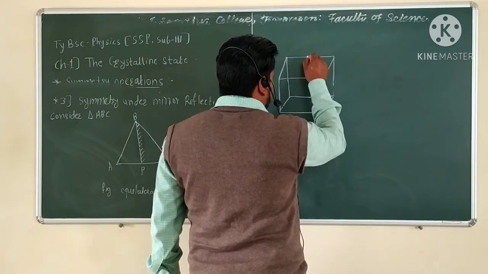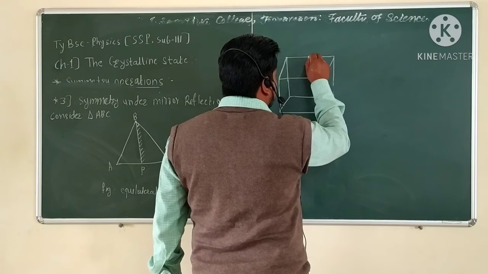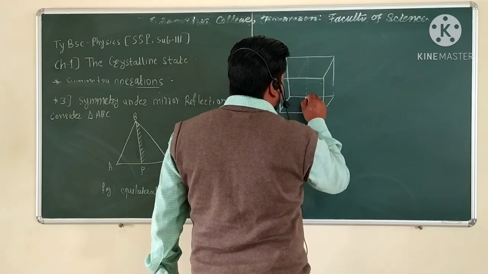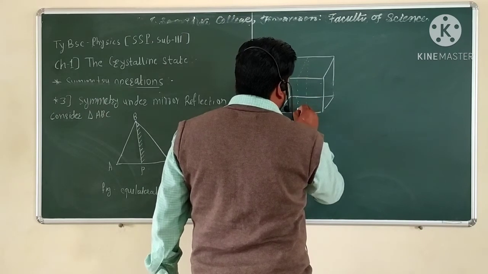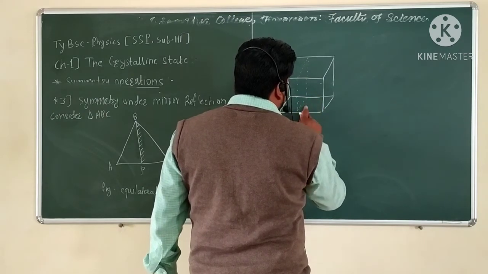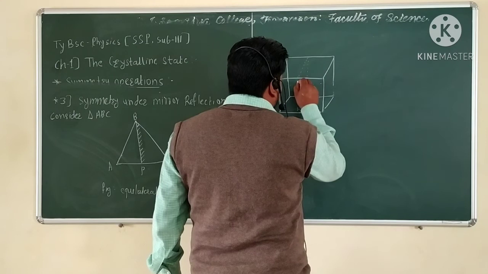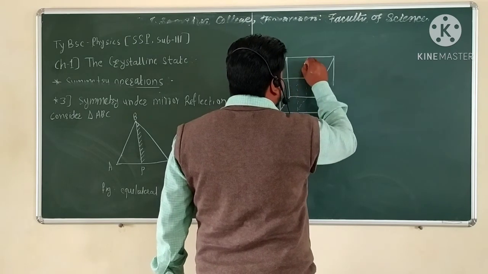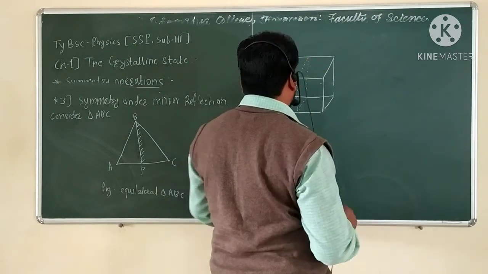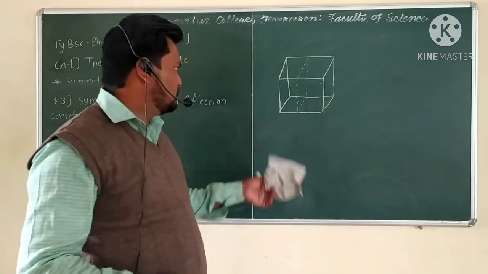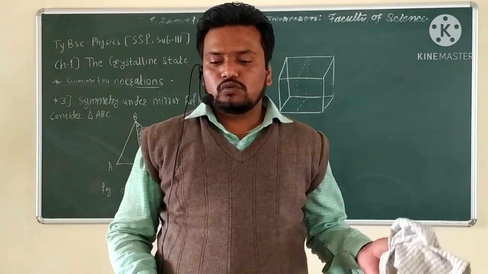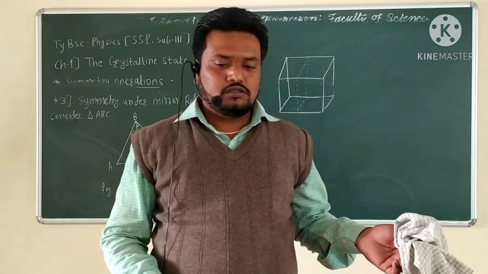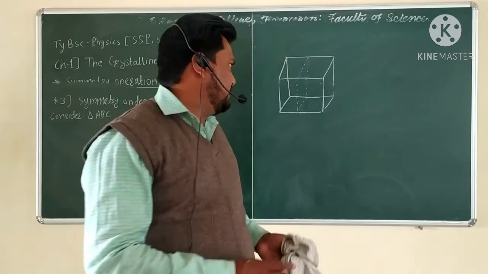If we cut this in the vertical way, so that exactly two equal parts get formed, that is known as the plane of symmetry.